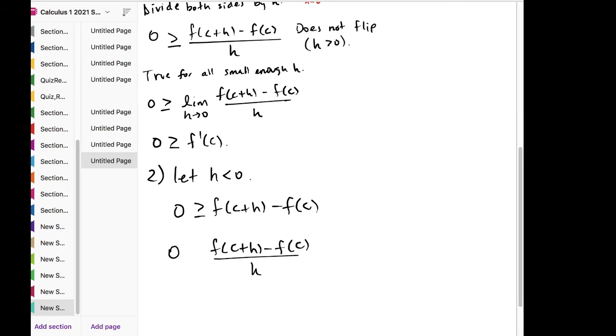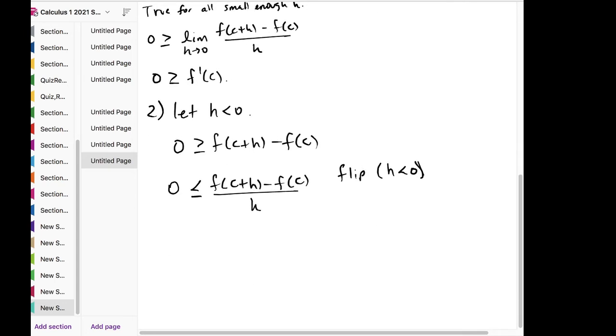Now the inequality flips because h is suddenly negative. So I'm looking at these negative h's now.